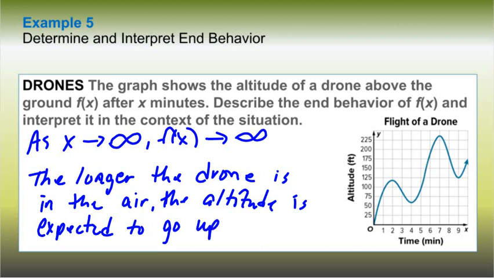Now you can see that it goes up and then comes down and goes back up and then comes back down and so forth. So the longer you're using the drone, typically it's going to go higher in the altitude.